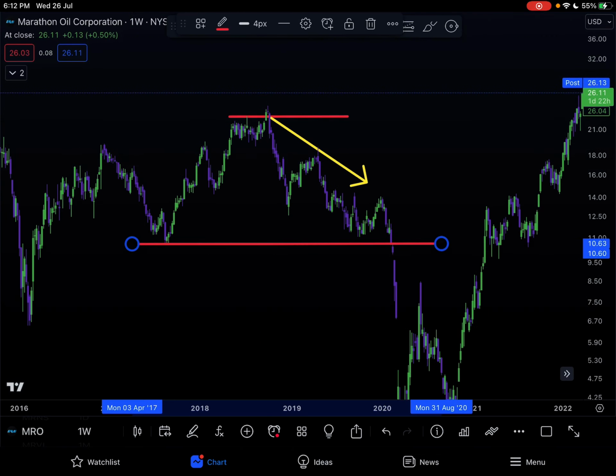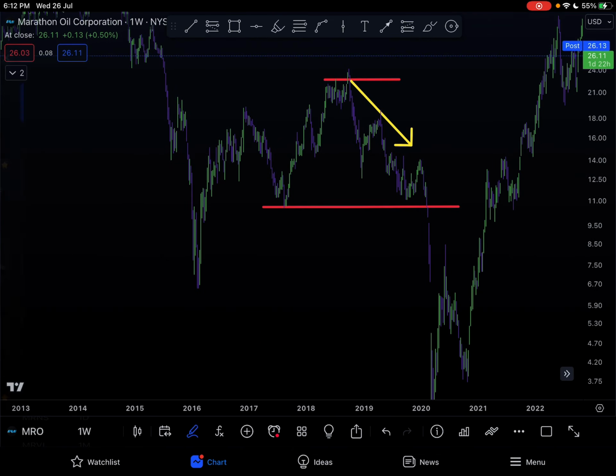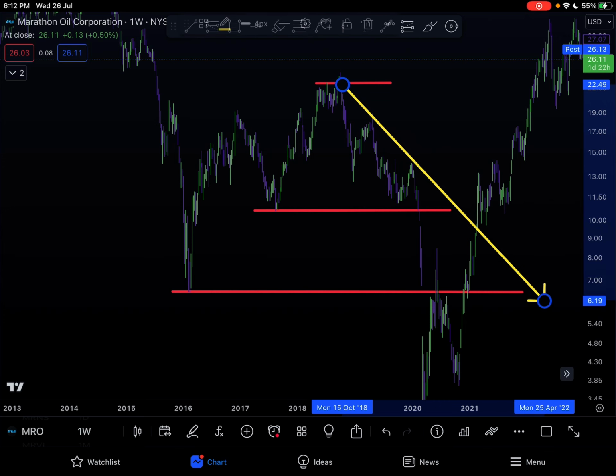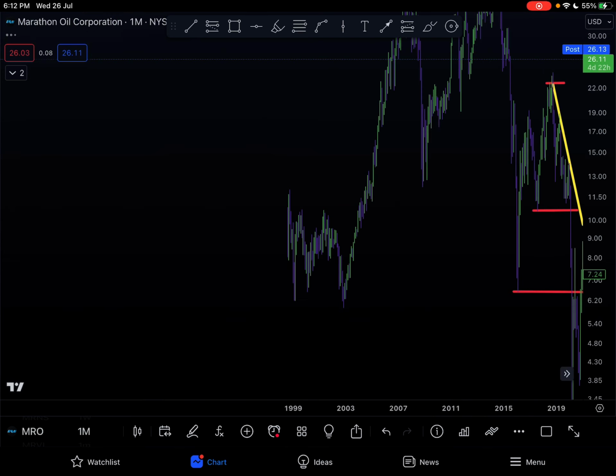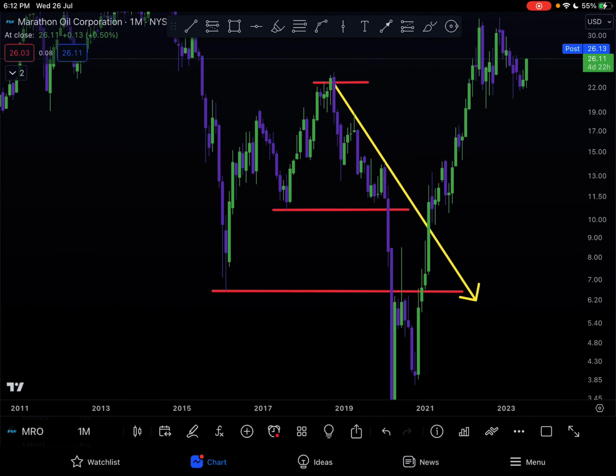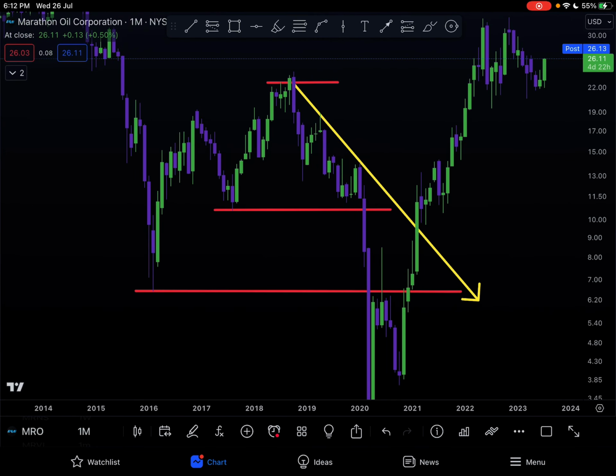Old low taken out. And what? Old low taken out. You tell me, man. And look, on a monthly scale, watch that. Look at that. You want to be in profit for months at a time? I can show you how.